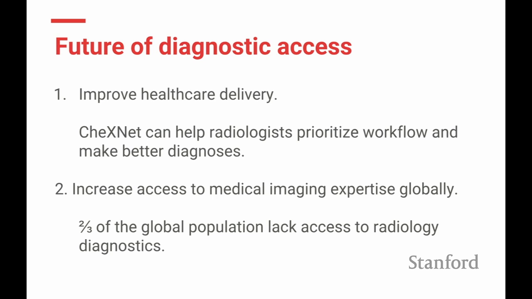But the second part, which I'm quite excited about, is to increase the access of medical imaging expertise globally, where right now the World Health Organization estimates that about 2/3 of the world's population does not have access to diagnostics.